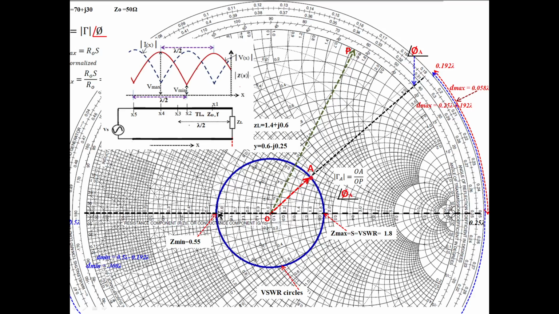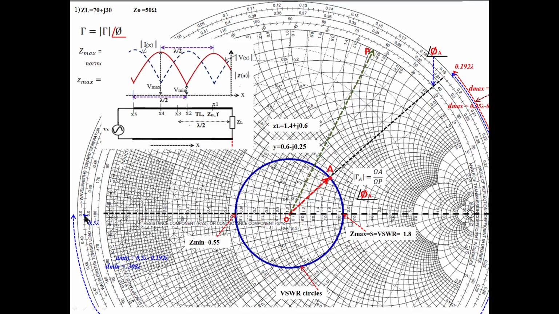Read the impedance here, that is Z minimum, and you can also measure the distance from the wavelength scale up to this point.